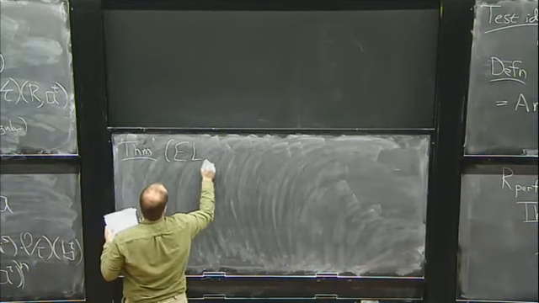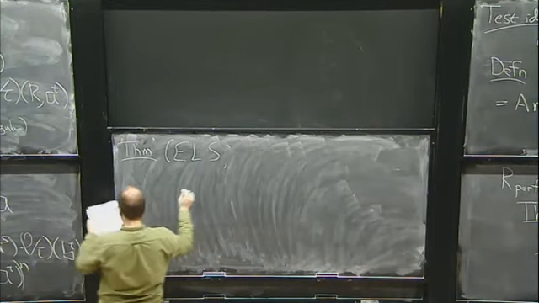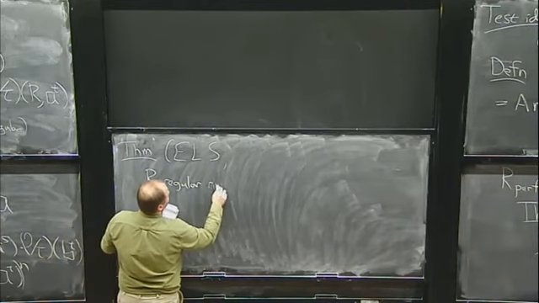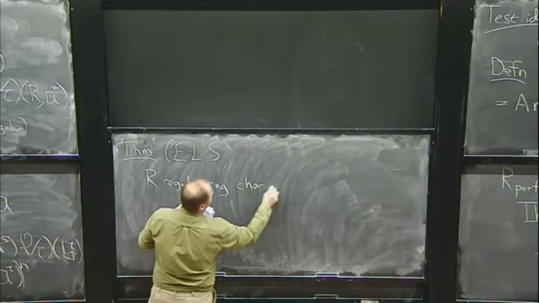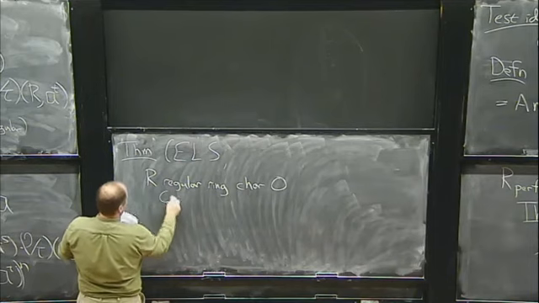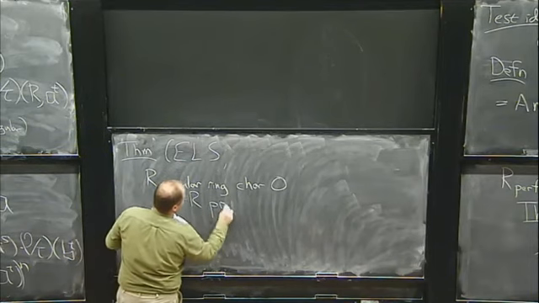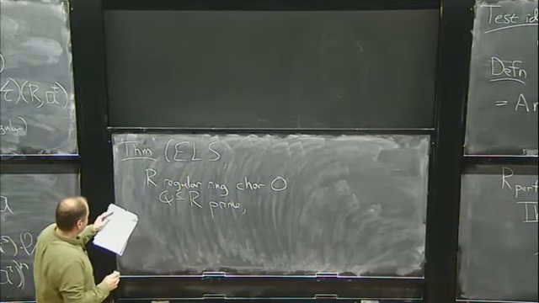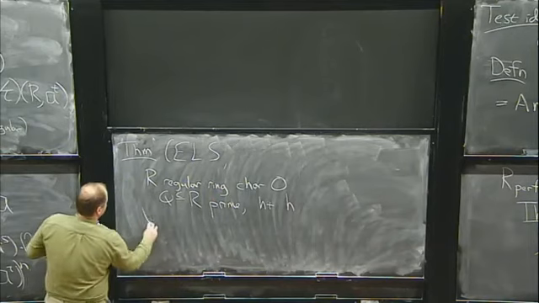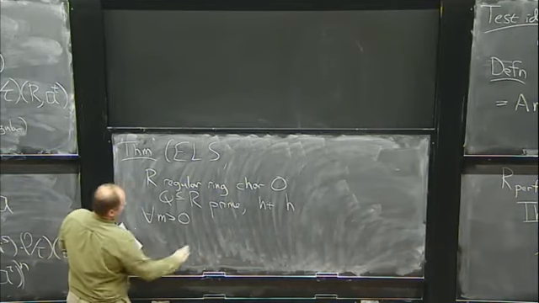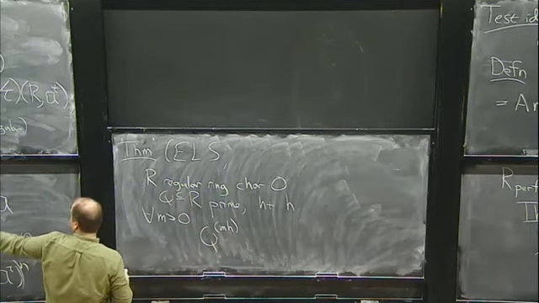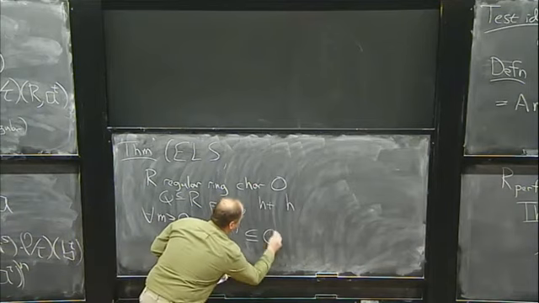What it said is: R is a regular ring in characteristic 0, and Q inside R is prime of height h. Then, for all m bigger than 0, Q to the symbolic mh is contained inside Q to the m.